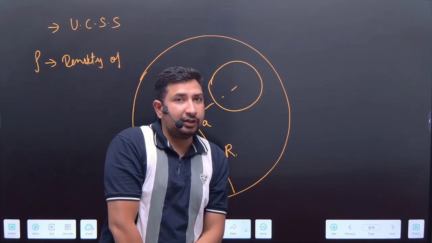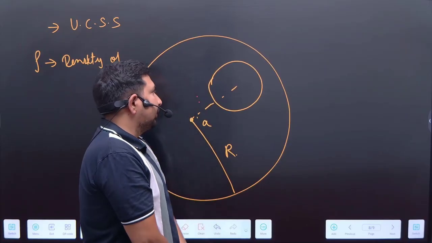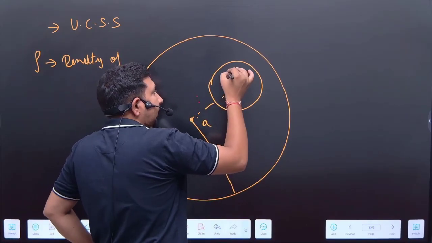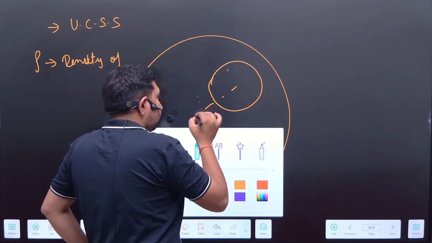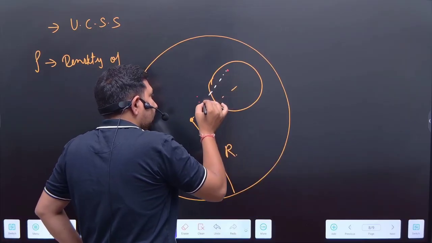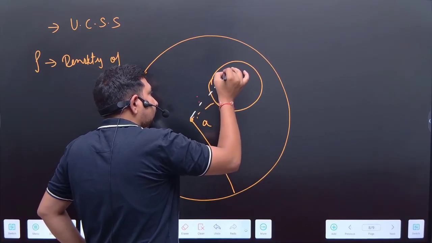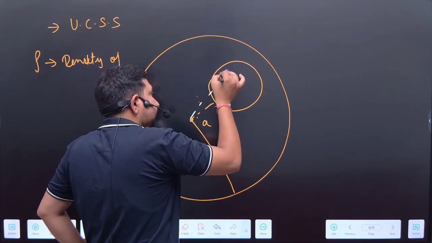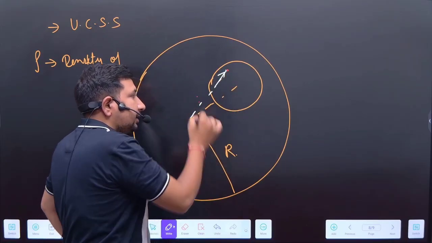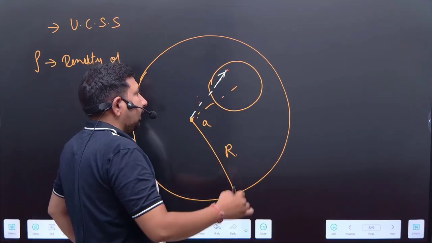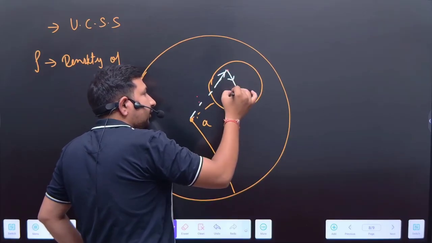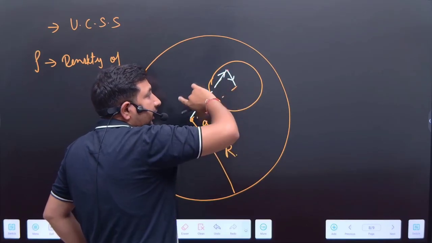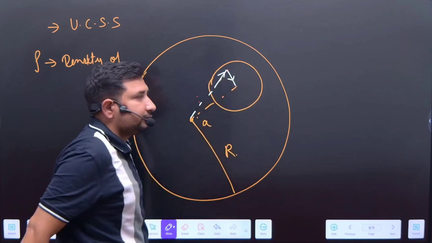So don't assume it as a cavity, right? So the resultant electrical field at any point will be the resultant of the electrical field of this entire sphere and the electrical field of a negatively charged sphere.